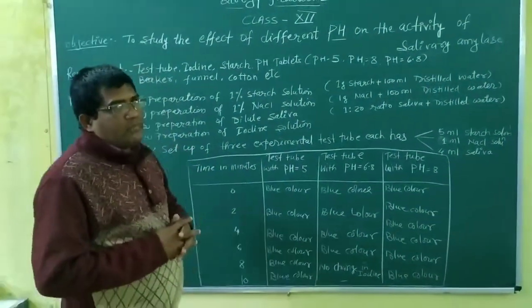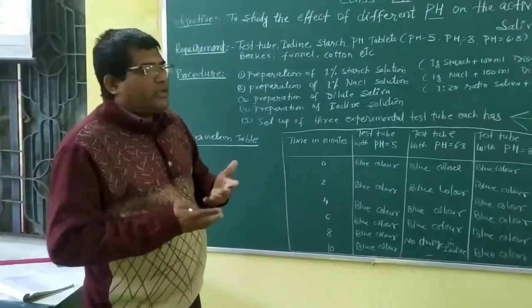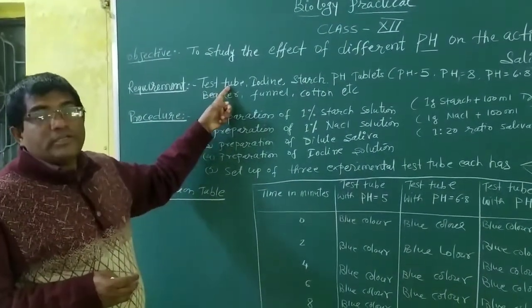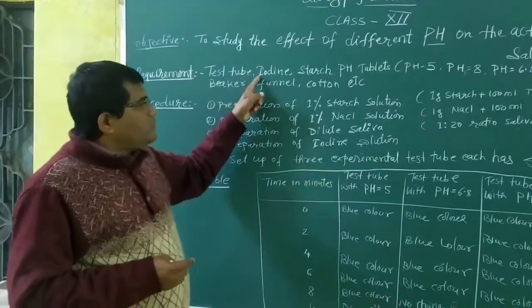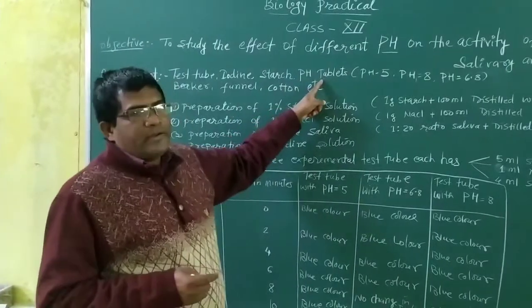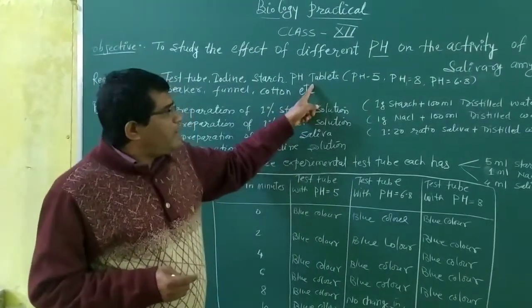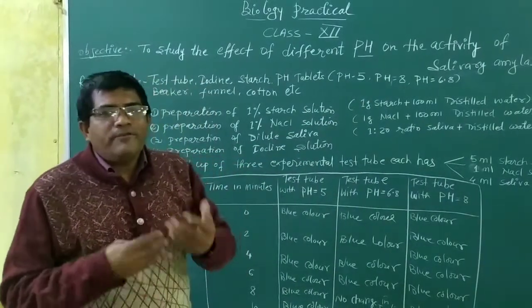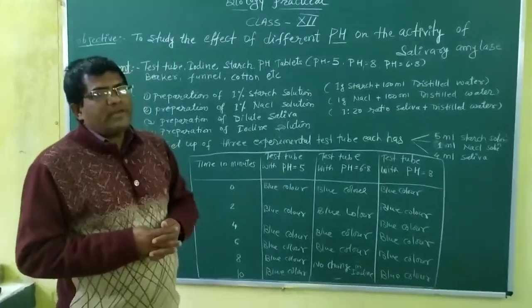So for this experiment, what do we require? We require test tubes, 3 sets of test tubes, iodine solution, starch, and pH tablets. If pH tablets are available, then pH 5, pH 8, and pH 6.8 tablets of different ranges can be used.